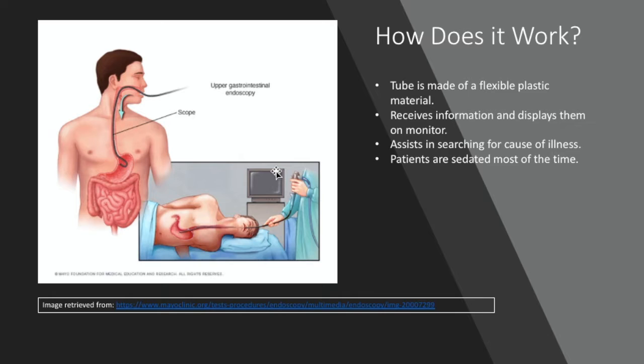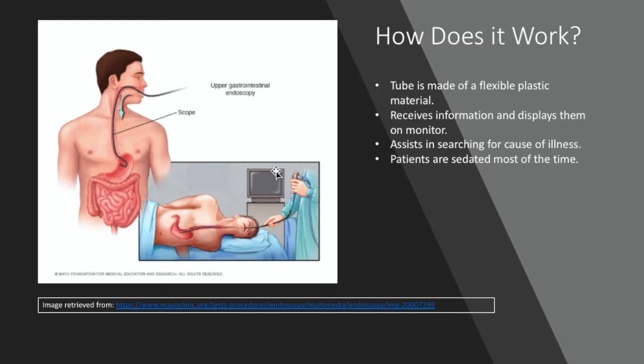So basically the patient is sedated most of the time, so they don't feel the uncomfortable feeling of the tubing going down the esophagus into the stomach or intestines. The doctor, as we mentioned, is holding the device and the tubing in both hands and directing it through the mouth.